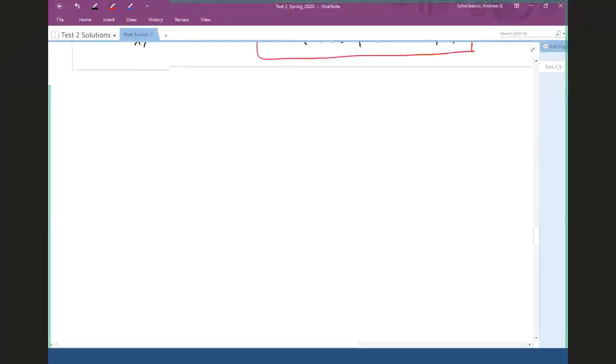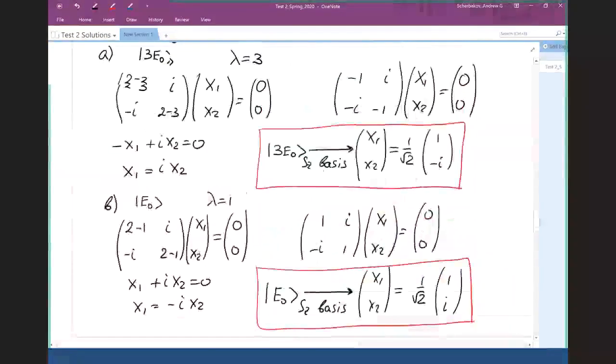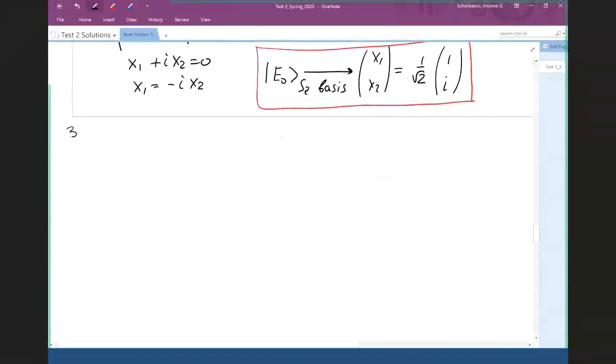Okay, let's continue. Now I need to express given state psi at 0 in terms of eigenstates E0 and 3 E0.